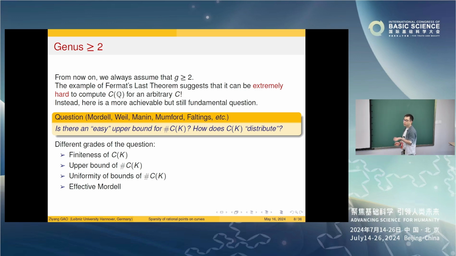Is there an easy upper bound for the cardinality? And how do the rational points distribute on the curve? Where can we find them? And where should we not expect to find them? Guided by this question, I will divide it into different grades: finiteness, upper bound, uniform upper bound, and effective results, effective Mordell.